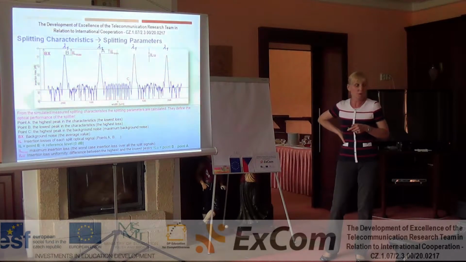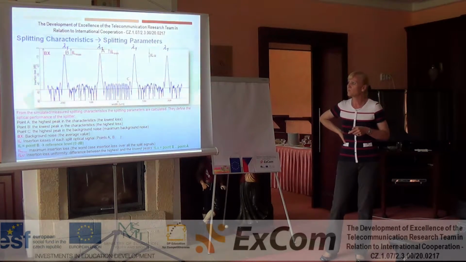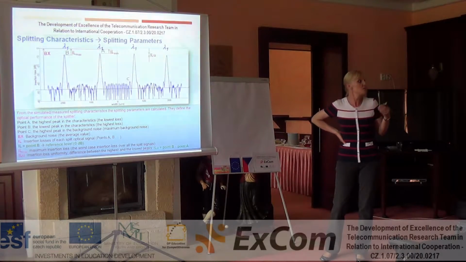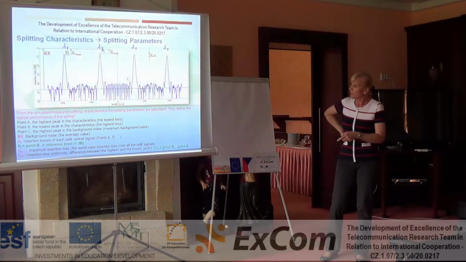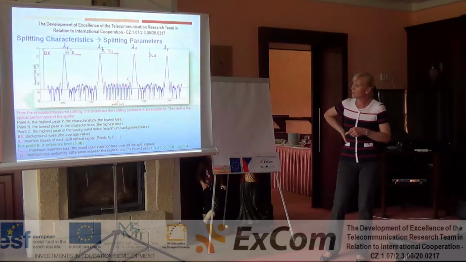Point B is the lowest one, and of course the difference between those two is the so-called non-uniformity I was talking about before. Then we have the highest peak in background crosstalk, but usually we calculate it as an average value of this noise that you see here.